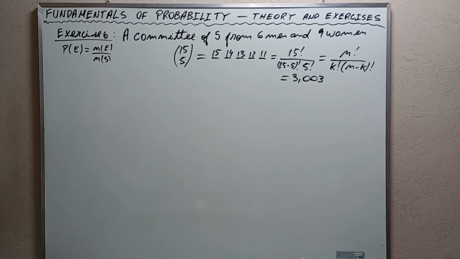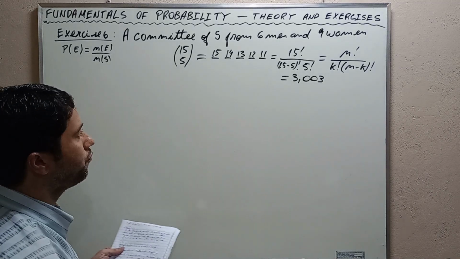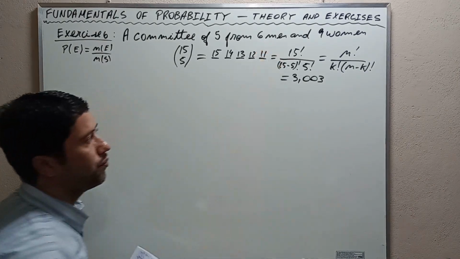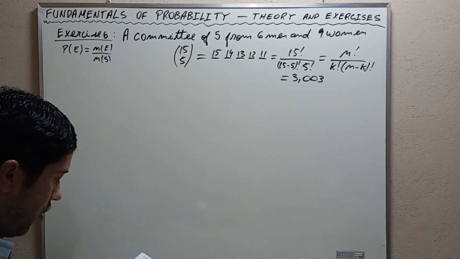Okay, as we wanted 3 men out of 6 and 2 women out of 9, and removing the repetitions, for example, we wanted 3 men. We are going to take 3 men from these 6 possibilities.